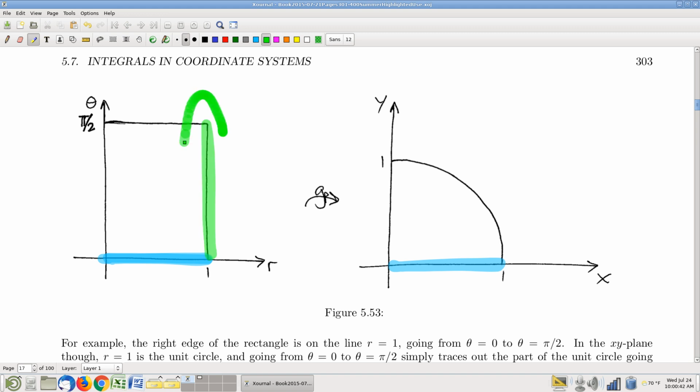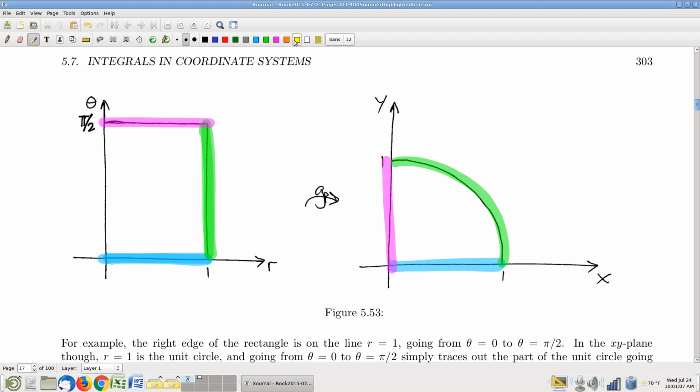That's r equals 1. Theta goes from 0 to pi over 2. Okay, so on r equals 1, theta goes from 0 to pi over 2. Etc. This line segment, theta is pi over 2. r goes from 0 to 1. That's that.